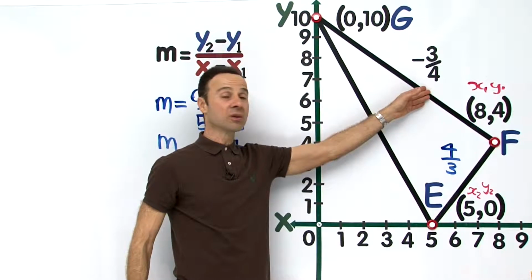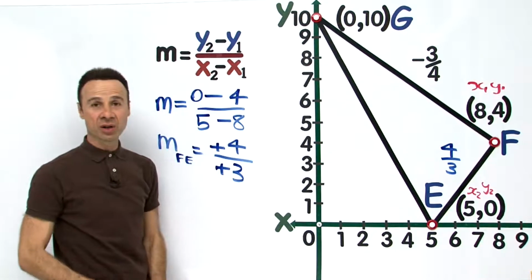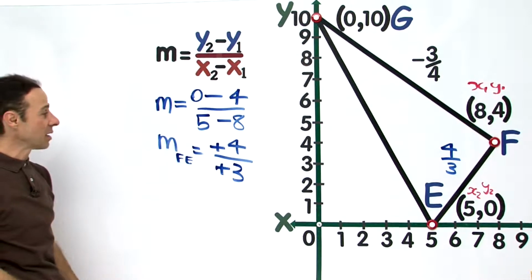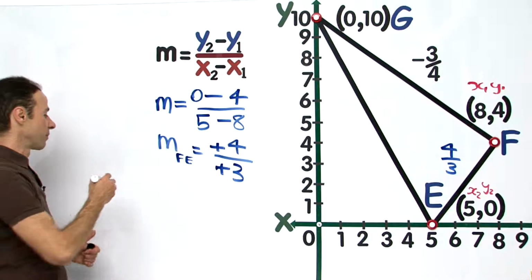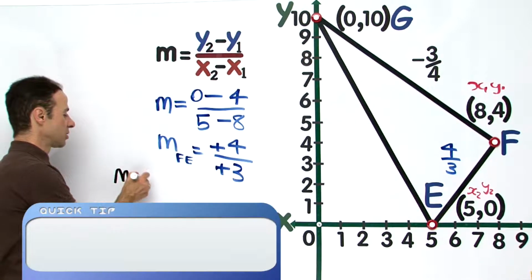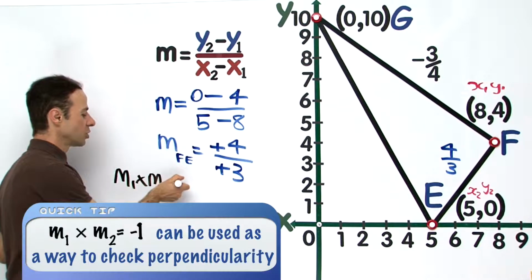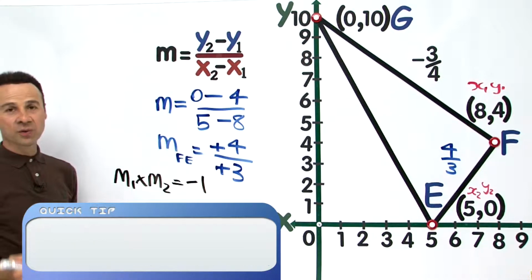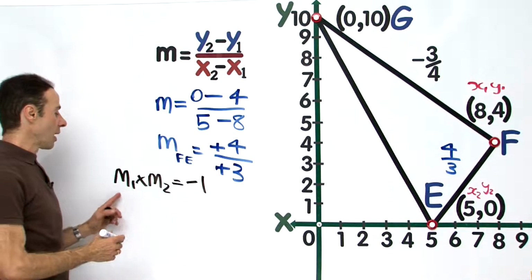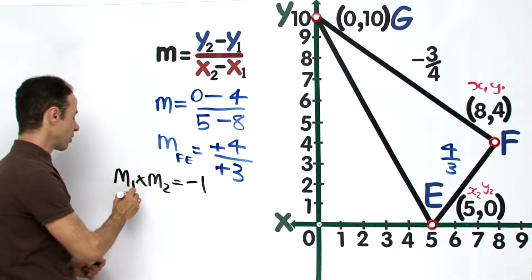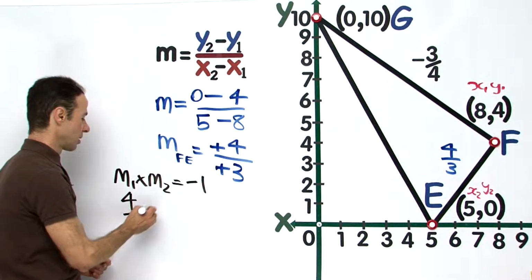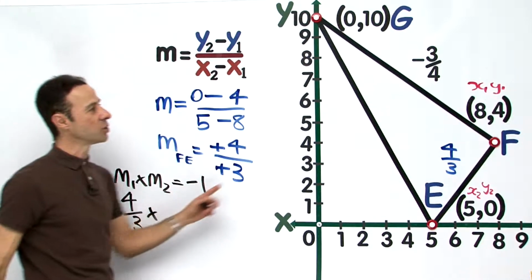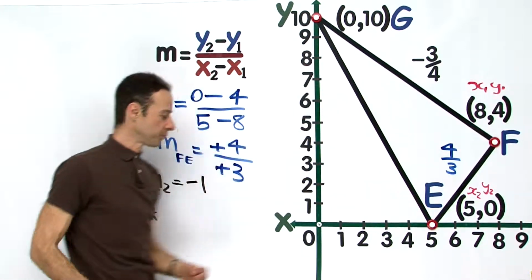So that does look like they are perpendicular, and I'm also going to confirm it by doing the other formula, which is when we have m1 times m2 should equal negative 1 if they are perpendicular. So there's another way to further enhance our answer. So m1 for us, let's call it 4 over 3, times, where's our m2? Our m2 is negative 3/4.